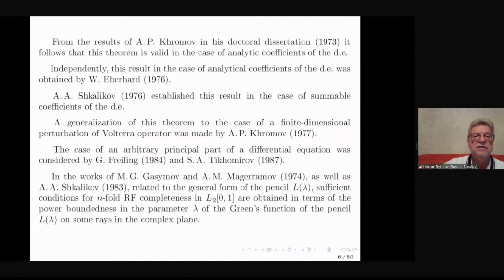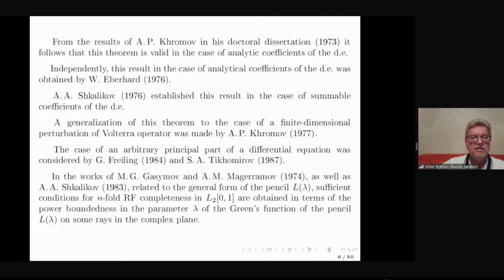Shkalikov in the same year established this result in the case of summable coefficients of the differential expression. A generalization of this theorem to the case of finite dimensional perturbation of the Volterra operator was made by Khromov in 1977. The case of an arbitrary principal part of the differential equation was considered by Freiling in 1984 and Tikhomirov in 1987.